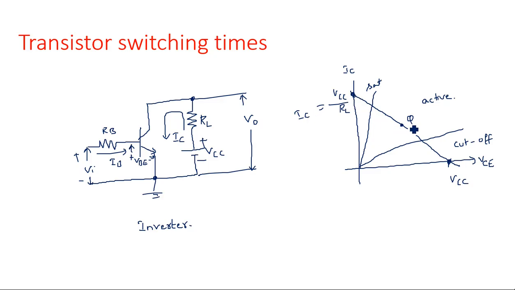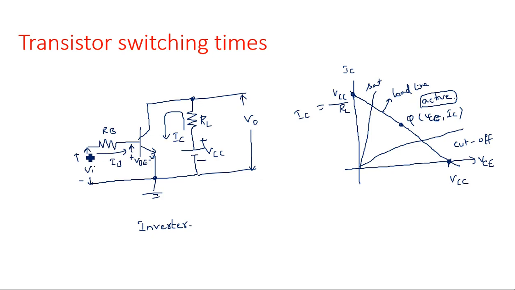If you join these two points, that is known as the load line, which decides the VCE or IC, nothing but a bias point. In between these two regions, the saturation region and cutoff region, we will be having an active region where the transistor is acting as an amplifier.